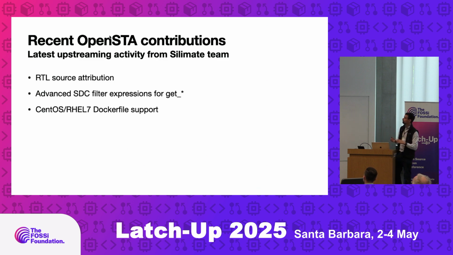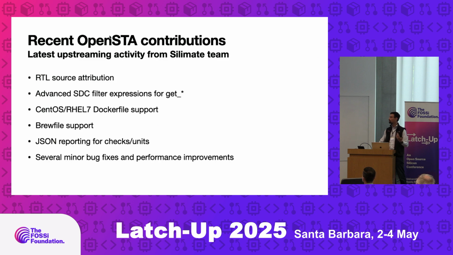We have advanced SDC filter expressions that are supported by commercial tools, CentOS and RHEL 7 Docker file support, Brewfile support, JSON reporting, and also several minor bug fixes and performance improvements.